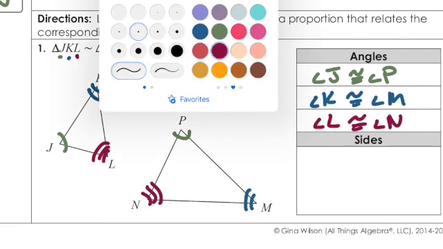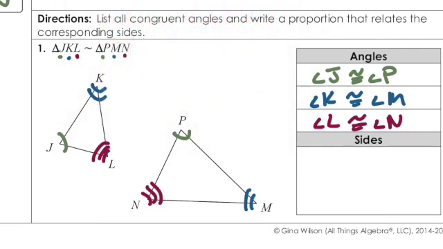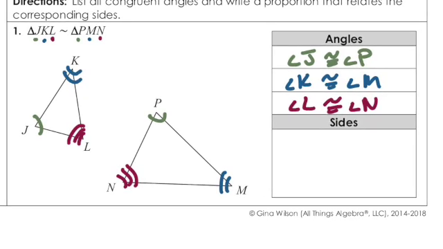Now, let's write proportional sides, okay? So let's start with the smaller triangle first, the one on the left here. And let's start with JK. There's multiple ways to think about this.